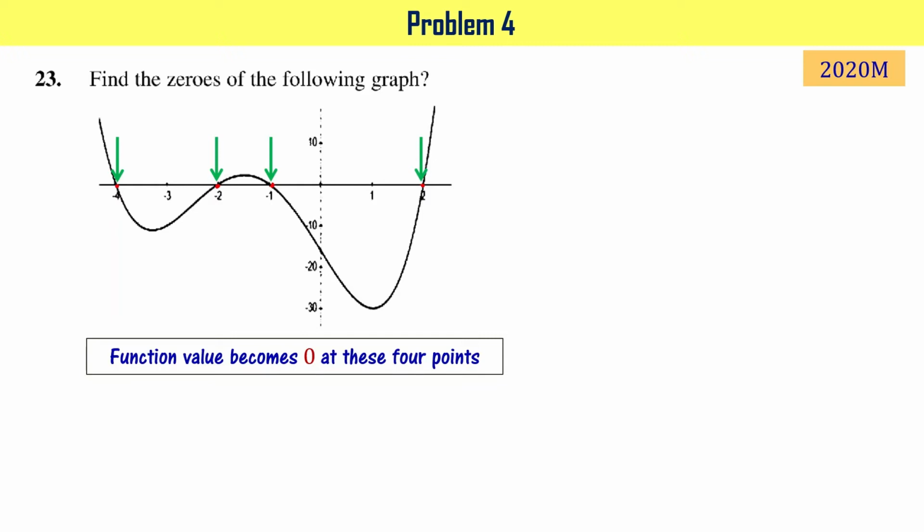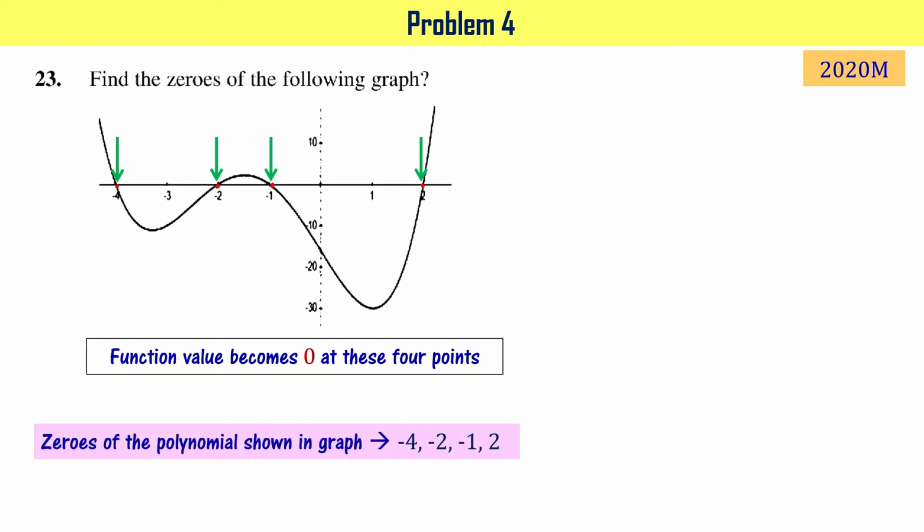And we have seen that when the function value becomes 0, that particular value of x is called zero of the polynomial, right? It means zeros of the polynomial are minus 4, minus 2, minus 1, and 2. This is what we are asked to find.